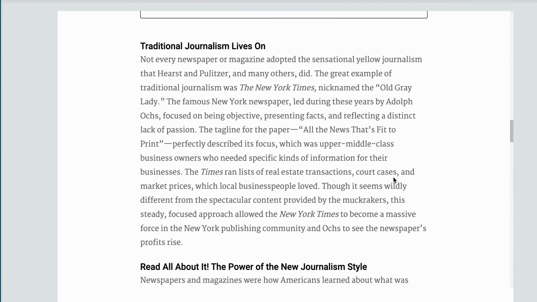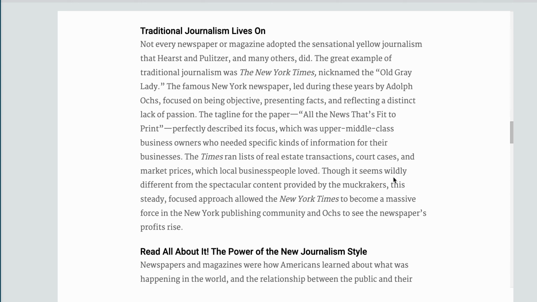Then we move to another kind of journalism, which is called traditional journalism or gray journalism. And we have the old gray lady that's famous for this kind of journalism. It's a New York newspaper, and the journalists there were known as being objective, delivering the information without adding any sensation to it.